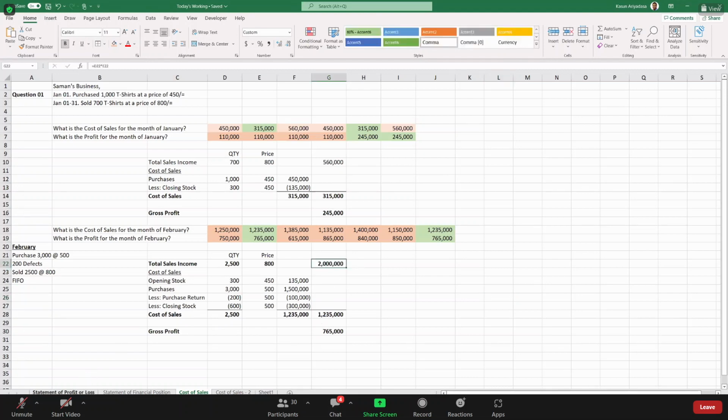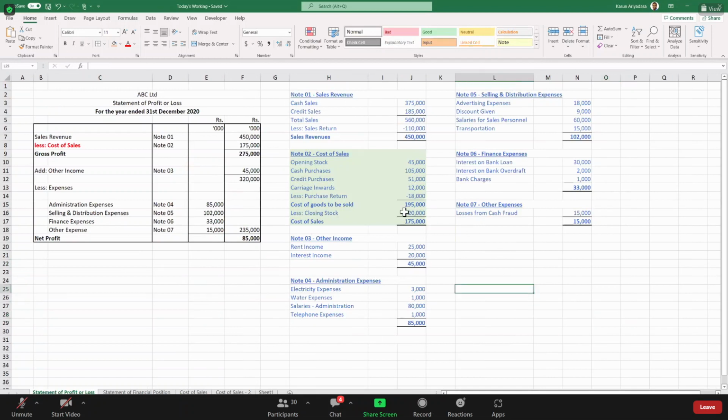Now, if we look at the profit or loss statement, we have not taken that into account yet in that question, but we have a return and the closing stocks. This is the cost of the goods to be sold. That is a very good term.